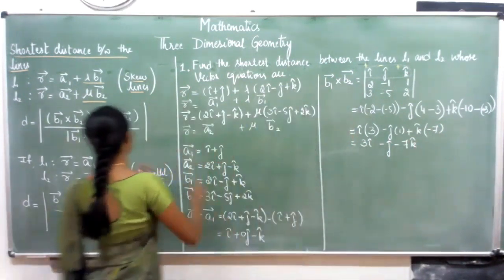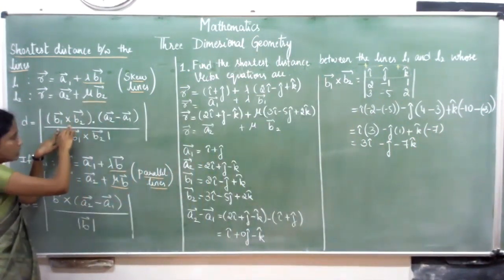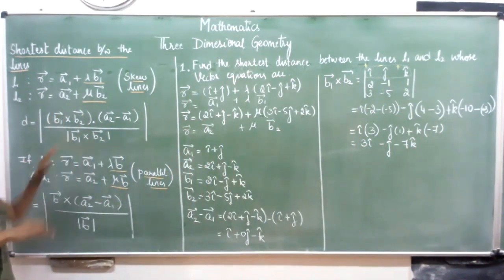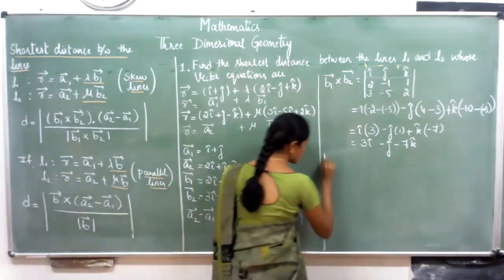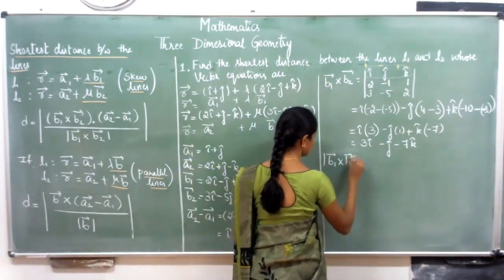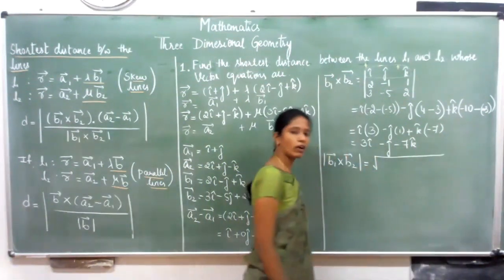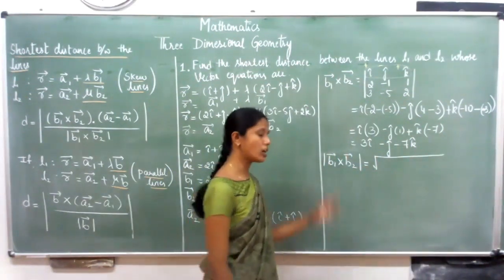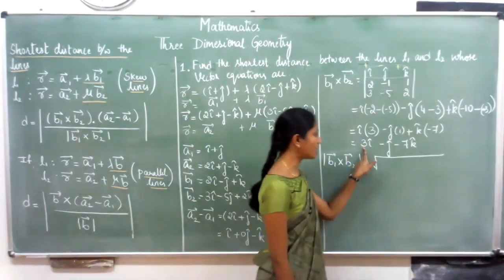So now we have already found a2 minus a1 and also v1 cross v2. So the next step is to find the magnitude of v1 cross v2. The magnitude of v1 cross v2 is equal to root of x square plus y square plus z square, as we already know how to find the magnitude of any vector. What is the value of x here?